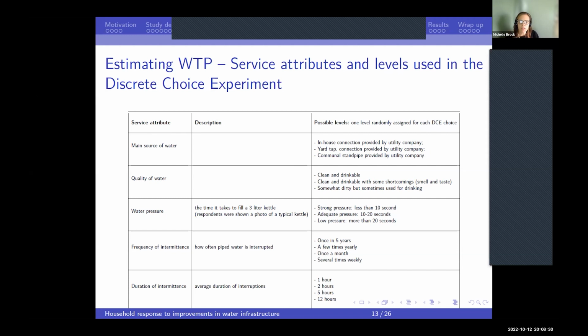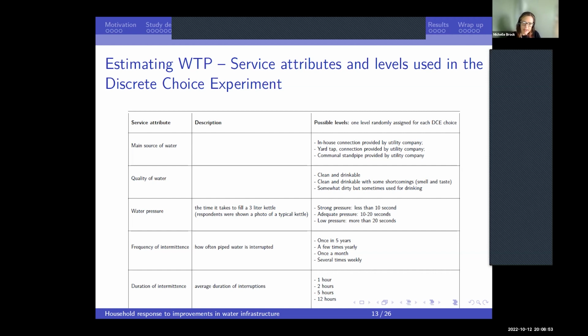And then that would be compared to another alternative where perhaps quality is poor, but say pressure is very high. And when you give the respondents a number of these choices, you can track how they make trade-offs between different levels of each attribute.